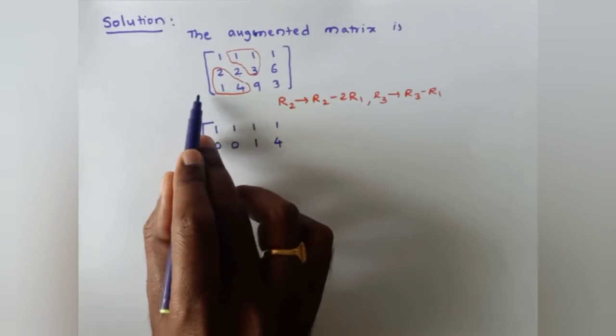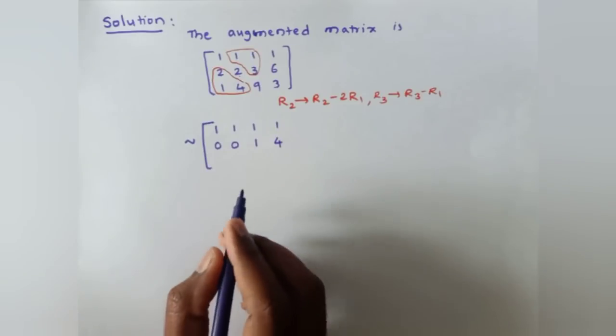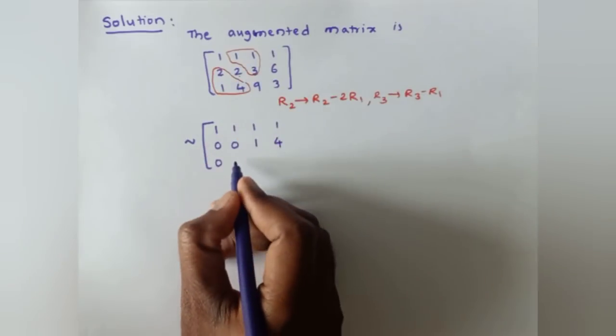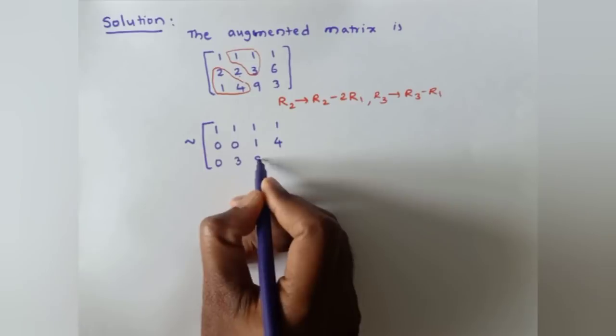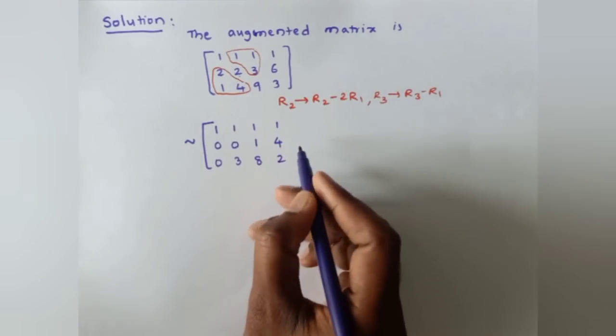Next, for the third row, on applying R3 minus R1: 1 minus 1 is 0. 4 minus 1 is 3. 9 minus 1 is 8. And 3 minus 1 is 2.